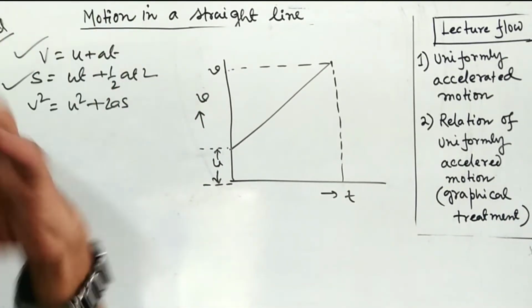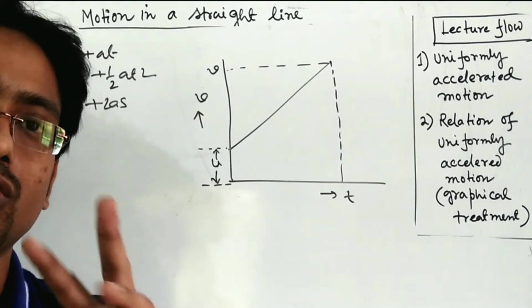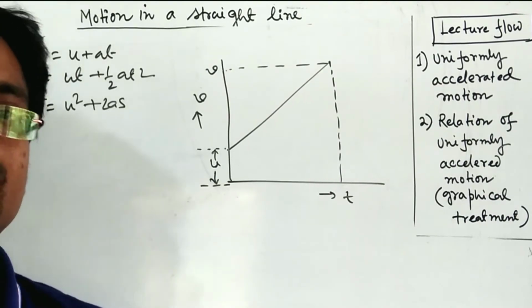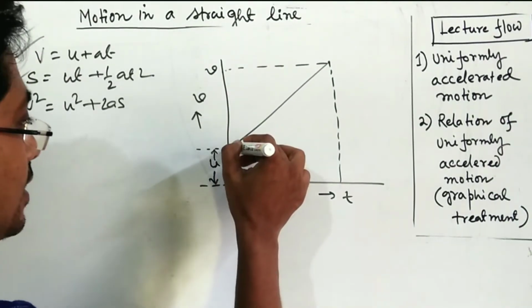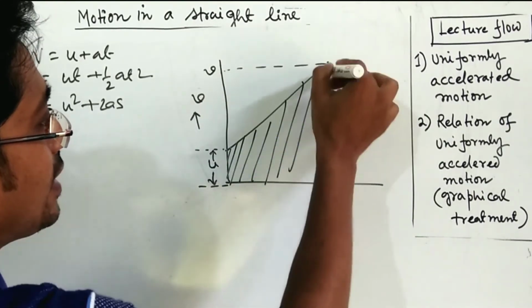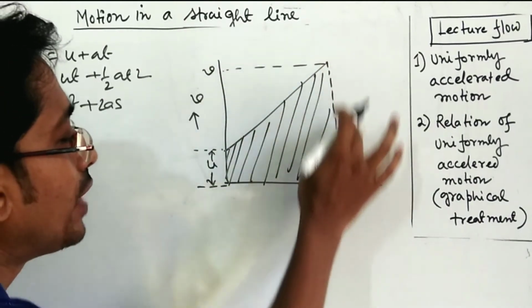So what does the area under the vt graph indicate? I have already told all these things in the graphs. It will indicate nothing but the displacement. So we have to find the area.